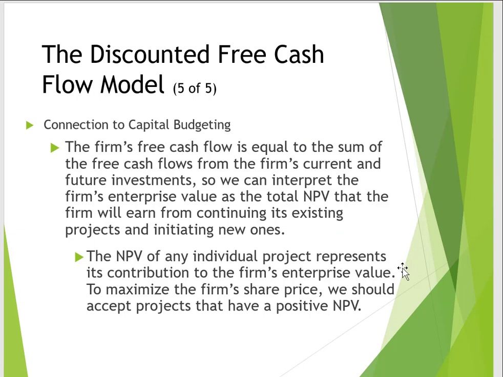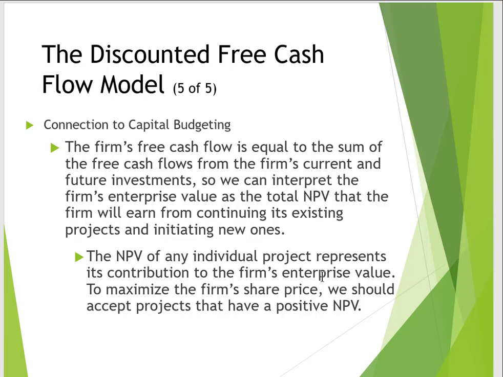So what is the connection between this free cash flow model and capital budgeting? Essentially, what this tells us is we can interpret the enterprise value as the total net present value that the company will earn from continuing its existing projects and initiating new ones, because we're thinking about the future.